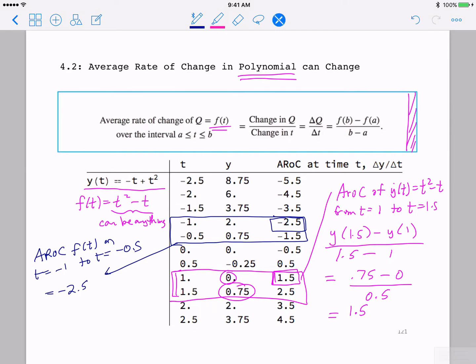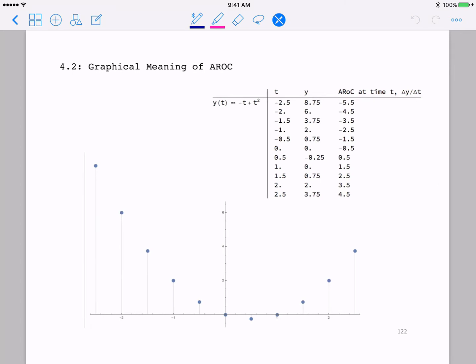What we are seeing in a graphical sense is that, let's say we were looking at these two rows, and we're trying to compute the average rate of change from t equal to 1 to t equal to 1.5.